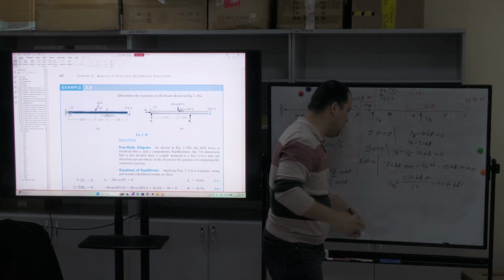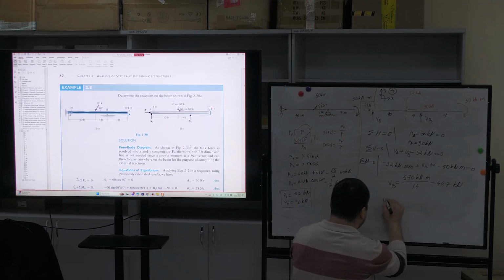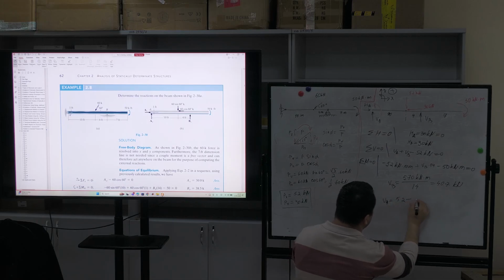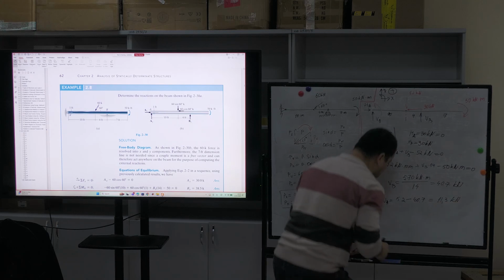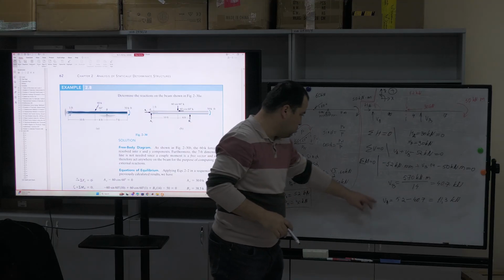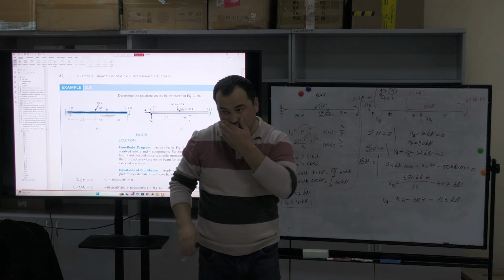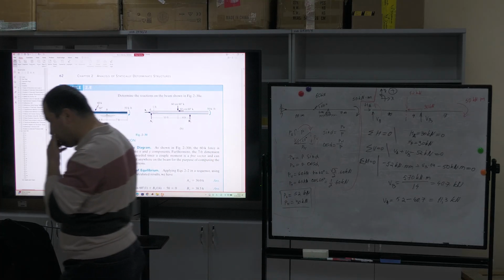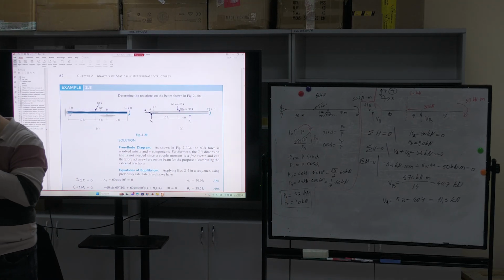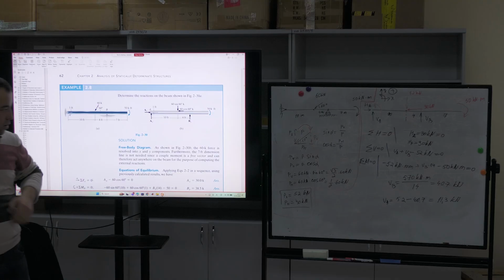Now I can find VA. Yes? VA is equal to 52 minus 40.7. Is about? 11.6. Okay, good. 1, 2, 3. One body, we have 3 reaction forces and 3 answers, okay? Now, is it clear? Good.